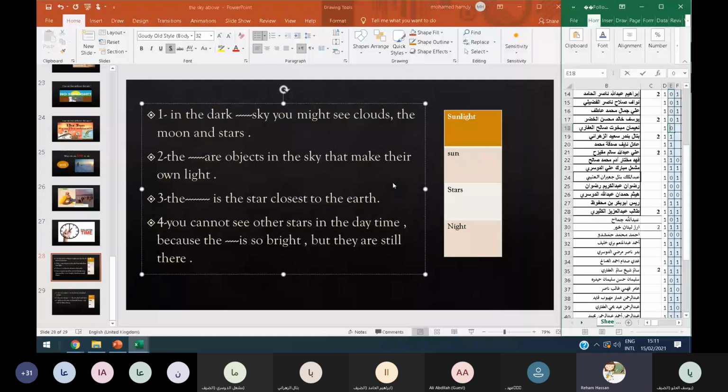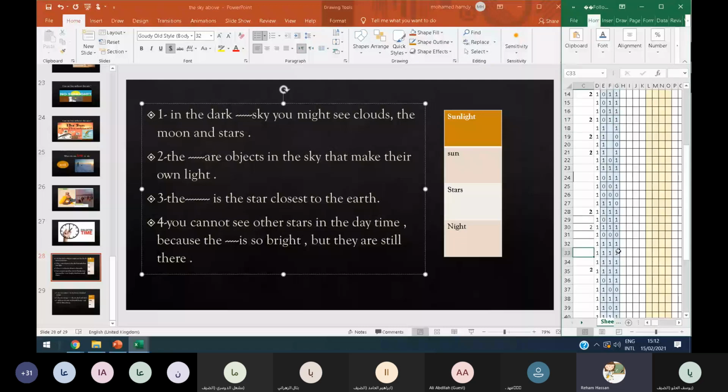So stars or sun? In the day, Nuaiman. In the day, it lights the sky and lights the earth. Now we have the day. Yes, it is the sun. Thanks, Nuaiman.